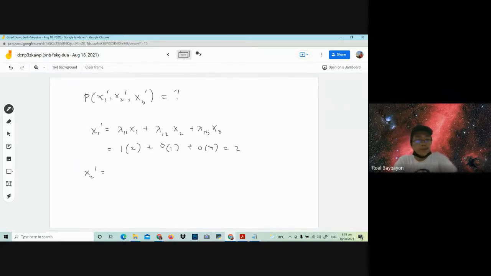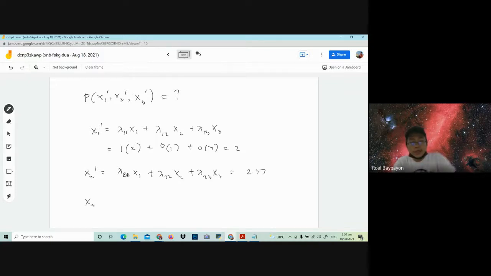Then x2 prime is lambda 21 x1 plus lambda 22 x2 plus lambda 23 x3. Inputting the values, we have 2.37.